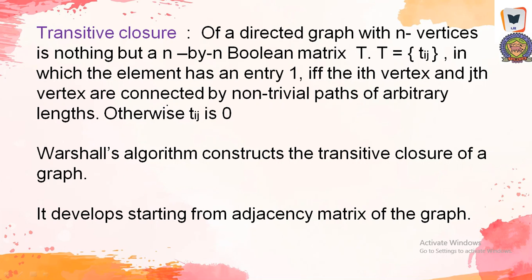Now, first of all we will define what transitive closure is. The transitive closure of a directed graph with n vertices is nothing but an n by n Boolean matrix.